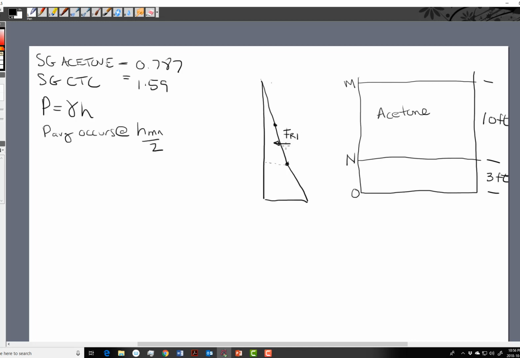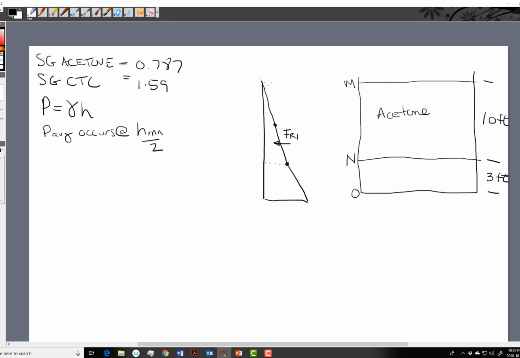What we're really doing is taking this triangle and moving it up here to give us that constant pressure across, to give us the equivalent force. Okay, so that's the average pressure. We calculate that for this surface by calculating the pressure here.